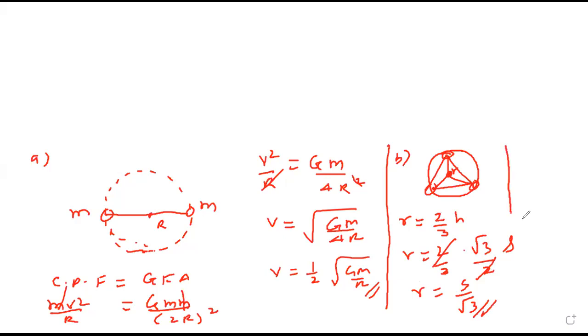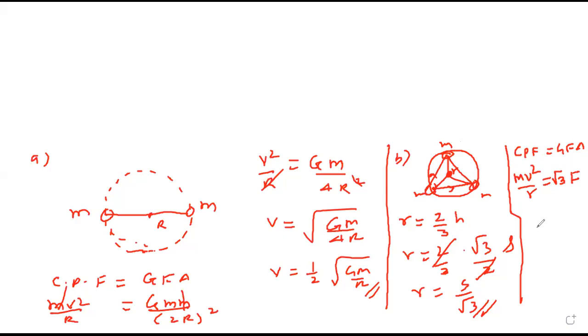So the centripetal force is the gravitational force of attraction. Centripetal force is mv square by r, but the gravitational force at one vertex, because each will have a pull by the other 2, is √3 times any one force between the two masses.